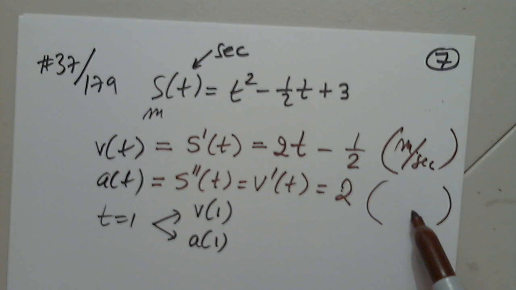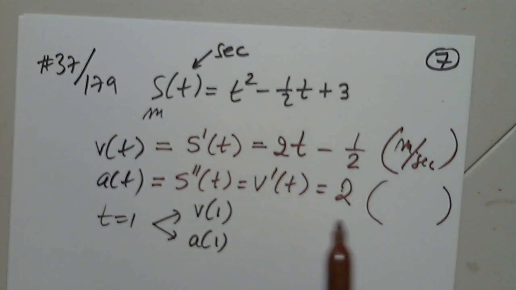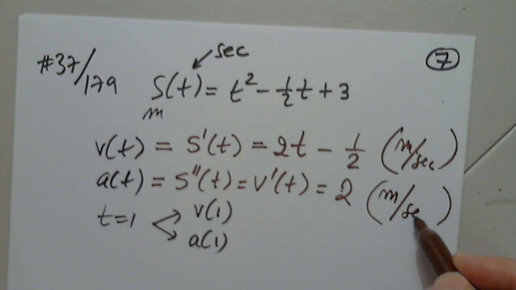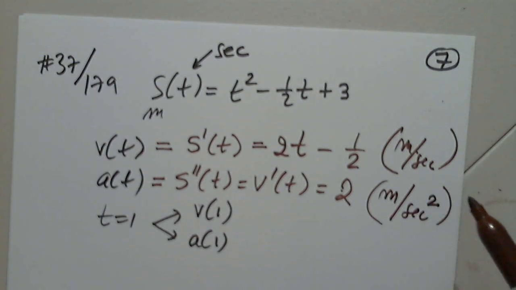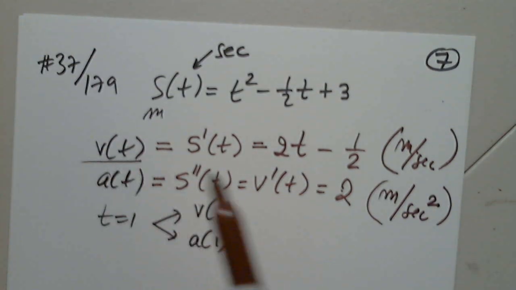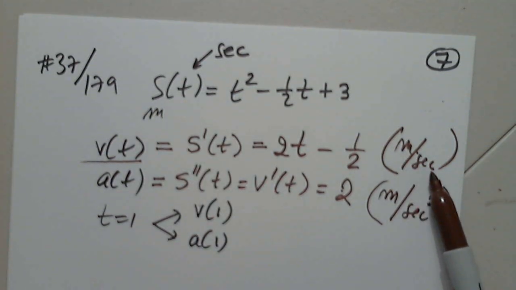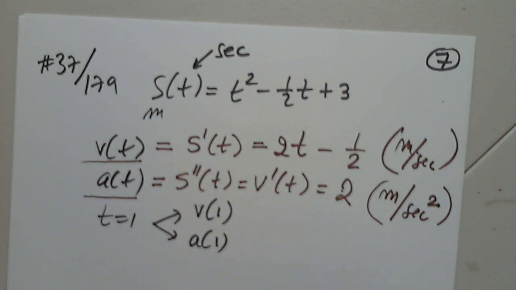Okay, acceleration is measured in meters per second squared. So please understand the velocity is measured, in this case, in meters per second, and the acceleration is measured in meters per second squared.